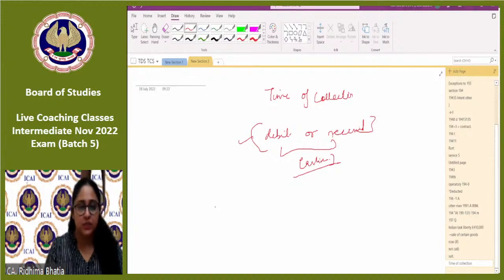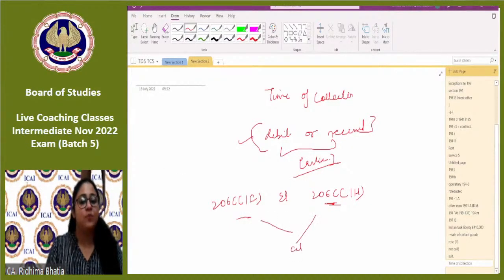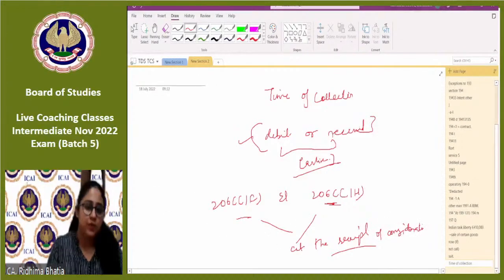But under section 206C 1F and section 206C 1H, which is my sale of goods and this is my motor vehicle, इन दोनों पे only at the time of receipt of consideration, the TCS would be collected.